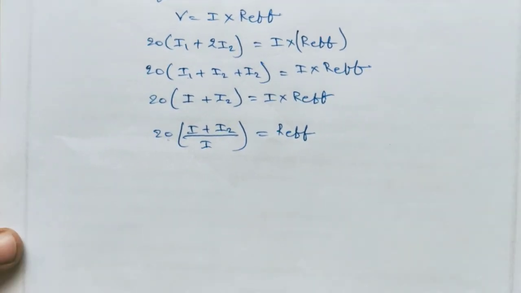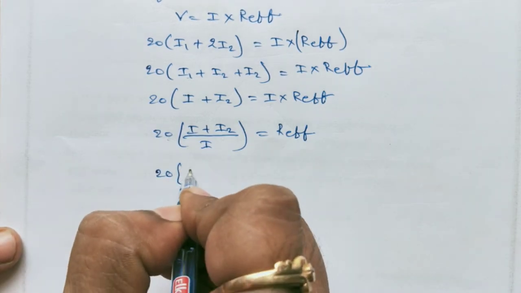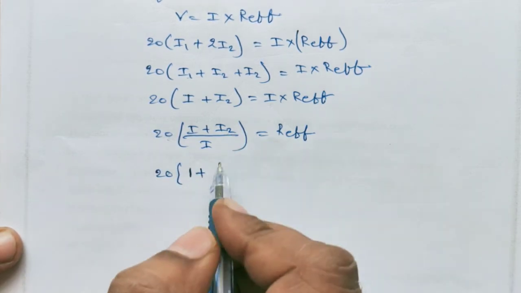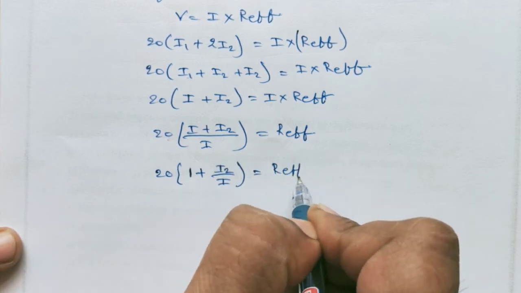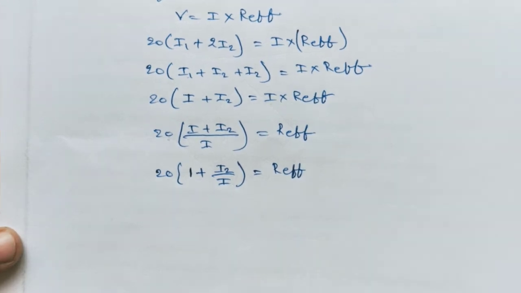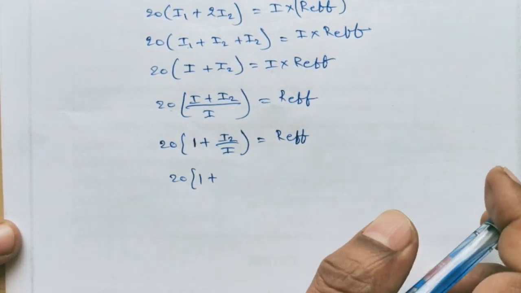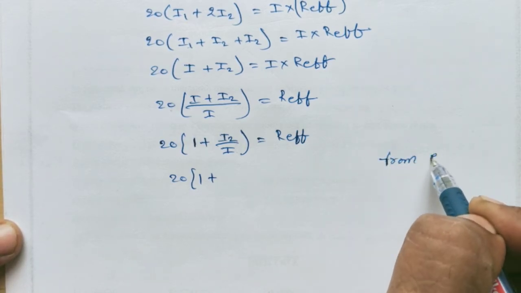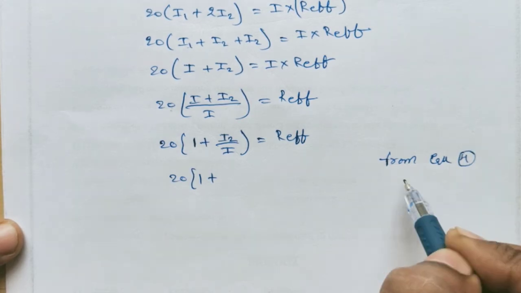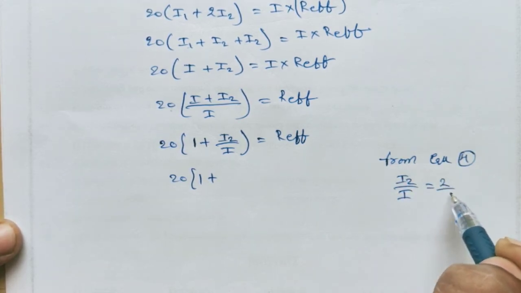So just clearly go through this one, easily we can get 20 here, I by I becomes 1 plus I2 by I is equal to R effective. Okay students, this is the thing. So now 20 into 1 plus I2 by I1 is equal to, from equation 4, we know I2 by I is equal to 2 by 5.